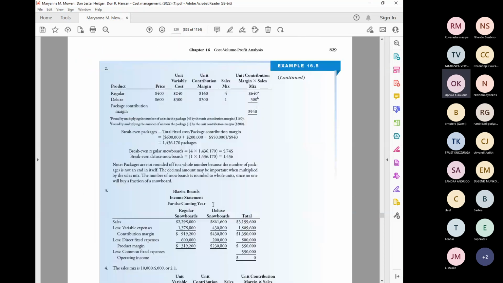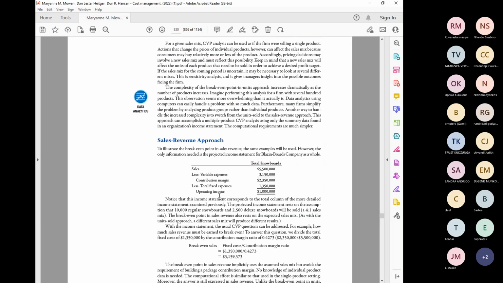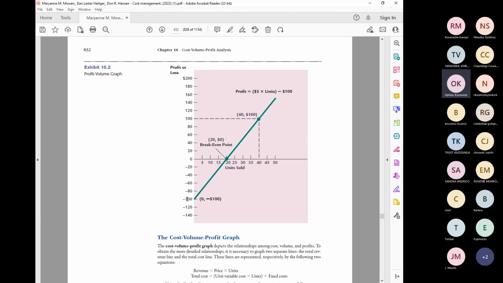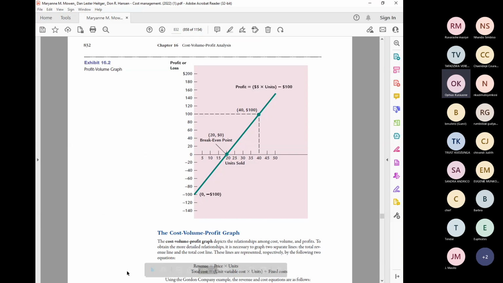I think justice has been done on some of these areas. If you are doing a graphical approach here, the cost volume profit graph, profit or loss, here it's still a loss because of the fixed cost.